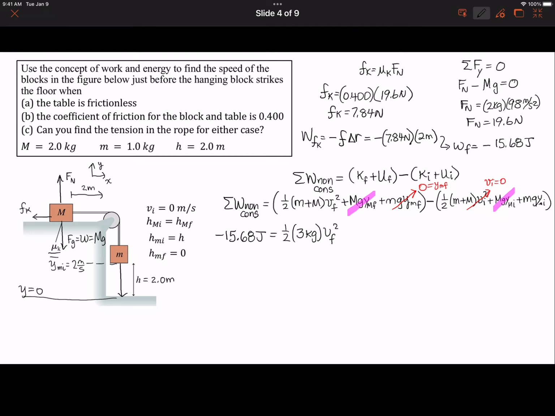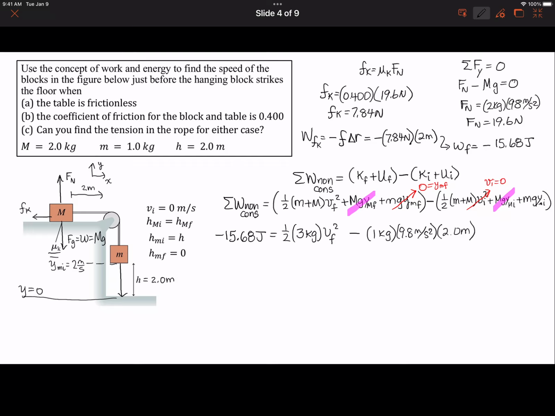And then all of those terms are 0, and then I have minus the initial potential energy of the hanging mass. Its mass is 1 kilogram times gravity times the height that it starts off at, which is 2 meters.